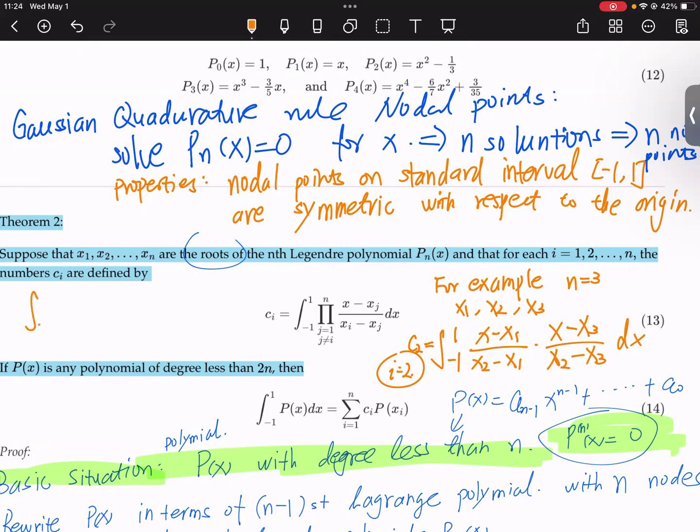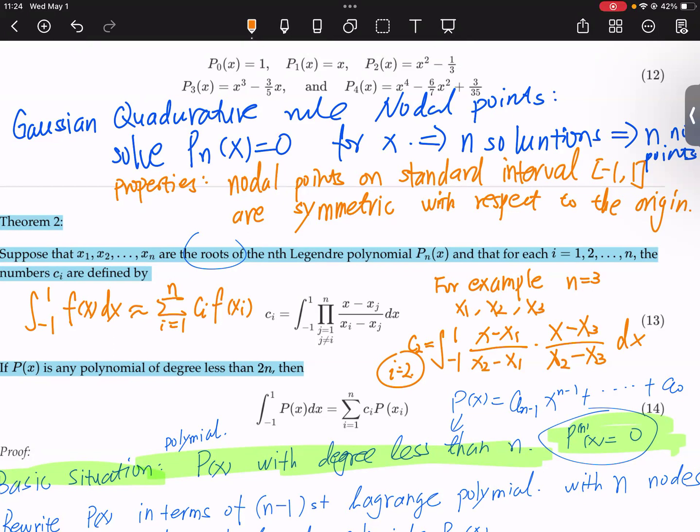For the integration from -1 to 1 of f(x) dx, we are going to approximate this integral with the sum from i equals 1 to n, if we start the index with 1, of c_i times f(x_i). The x_i are the roots of the n-th Legendre polynomial, and then c_i is calculated in this way.